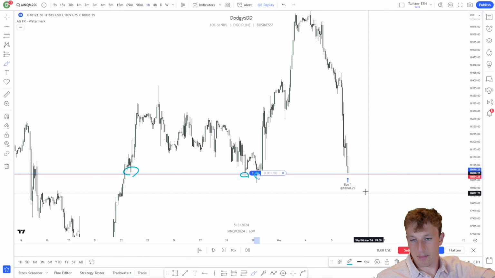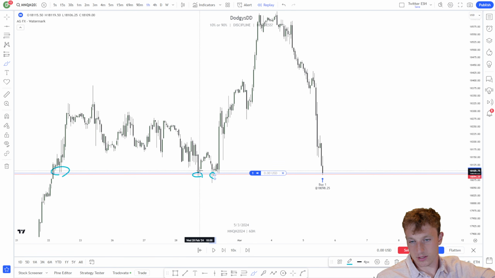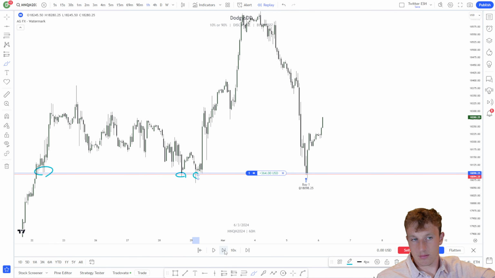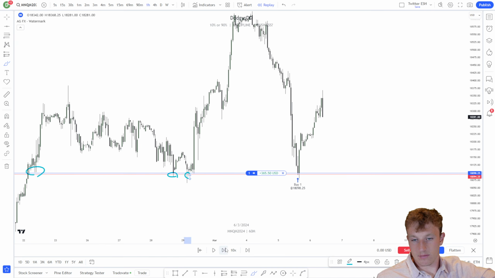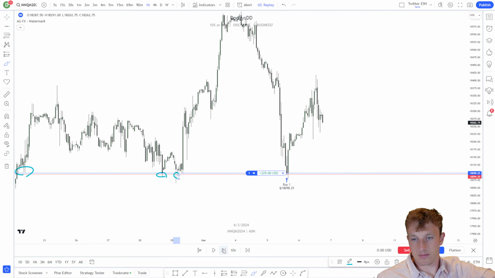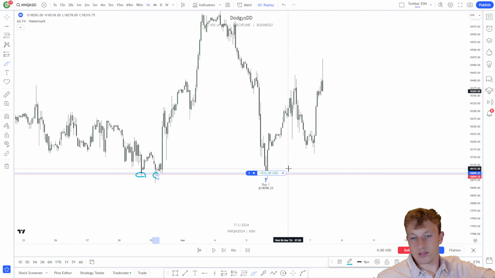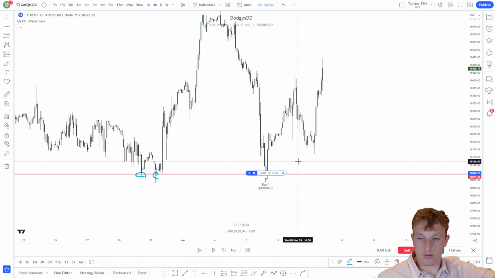We hit it. So I'm going to take a buy here because I see, okay, this is support. We should bounce. And we end up bouncing. And meanwhile, I'm up $400 right here. You get the point. So that's kind of what support and resistance is. Again, you take buys and sells off them.